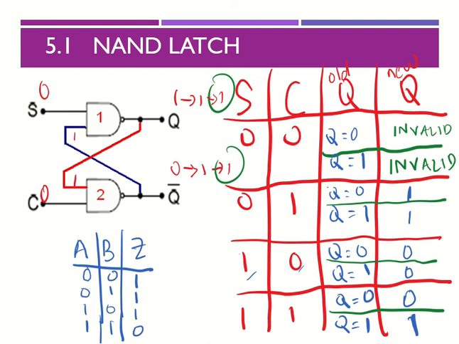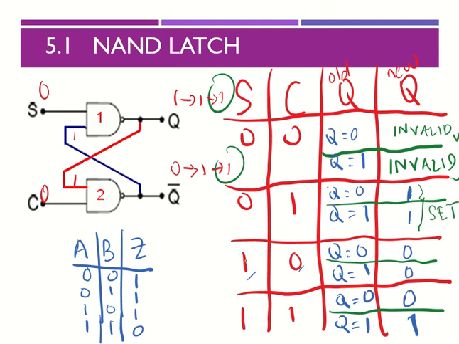So this is the truth table for this one. If you see correctly over here, the final answer of q for 0 0 is invalid. 0 1, if you see over here, always makes 1 as the final. So this we call set.